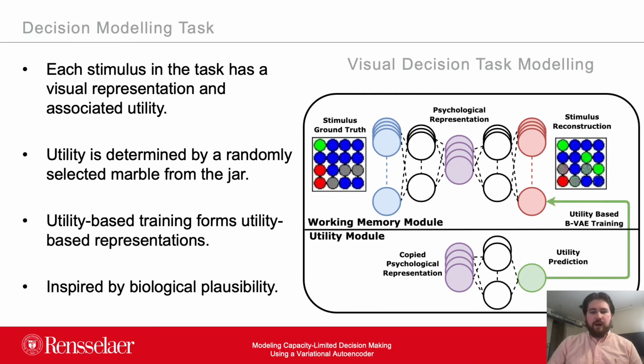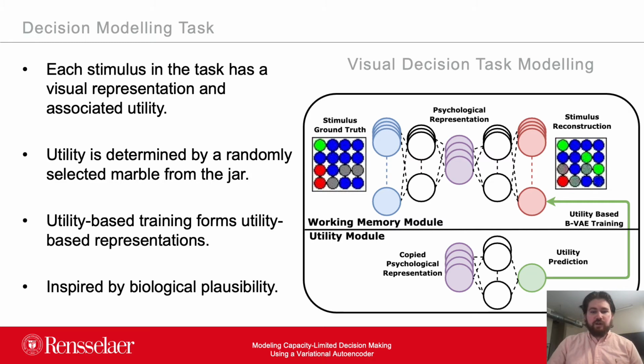The working memory model takes the stimulus ground truth as an input and forms a psychological representation of that stimulus. The utility model then takes that psychological representation and predicts the utility associated with the original stimulus. The utility prediction is fed back into the working memory model using the utility-based loss function, and the result is a psychological representation that allows for utility predictions and stimulus reconstruction.